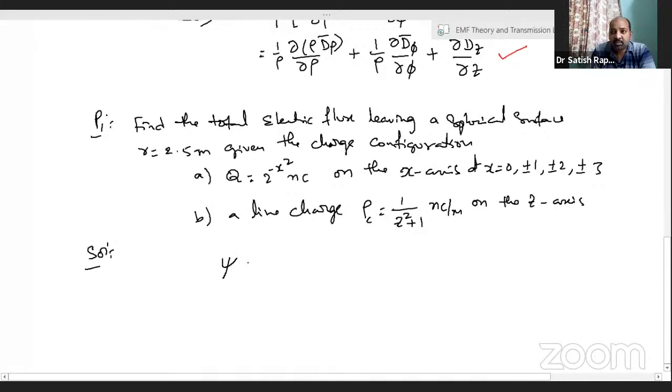And as per the discussion so far, in other words from Gauss law directly, the total flux leaving a spherical surface is equal to what?